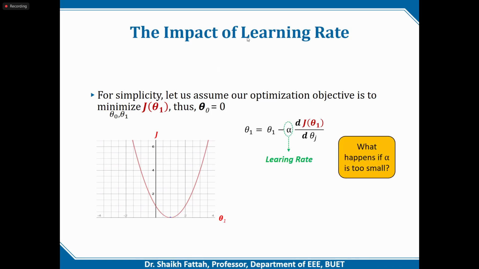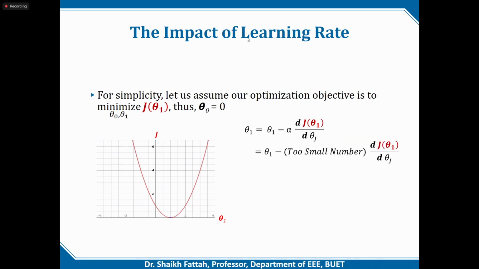How fast or how slow you will move depends on this alpha. Let's say alpha is very, very small. That means you are at -3, and the next slope is, let's say, 2. But you set alpha to 0.0001. So what will happen? It is equal to almost 3.